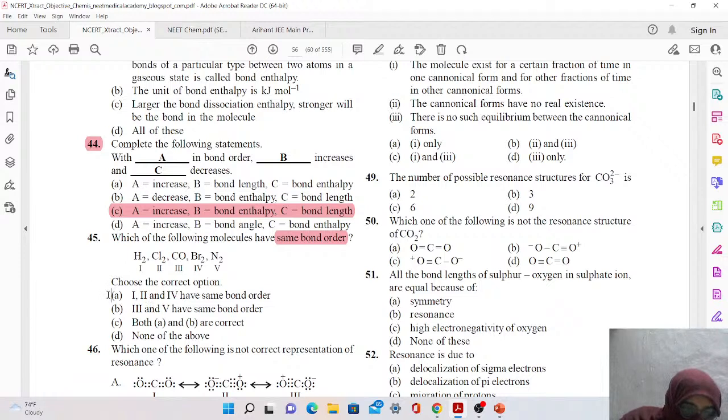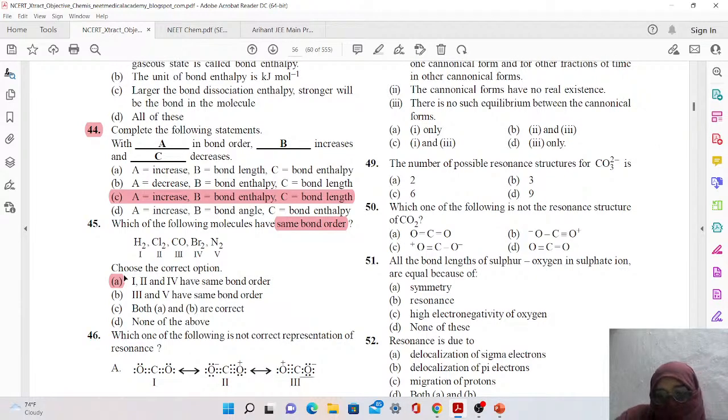The answer is A, we got it with the first explanation itself. 3 and 5 have the same bond order? 3 is carbon monoxide, which has 2 bond order. 5 is nitrogen, which has 3 bond order, which is totally wrong. That means A is the right answer. So we need not go for the further options, right?